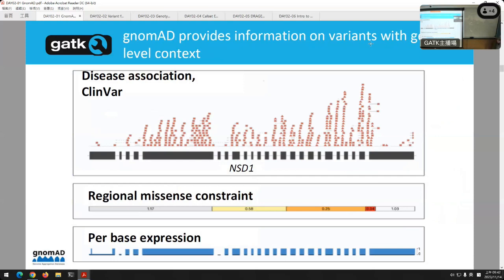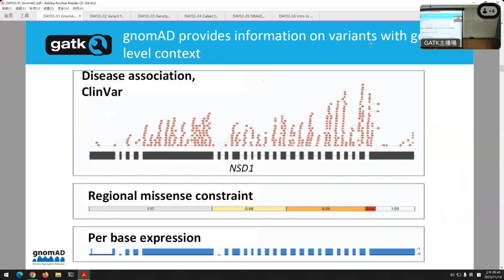In this top figure, we see a gene, NSD1, and each of the little red X's or triangles indicates a variant that was put into the ClinVar database and reported to be associated with disease in that gene. So you can see the exact position where all of those variants that are reported to be pathogenic fall in this gene.